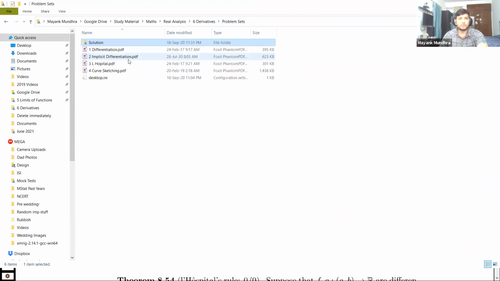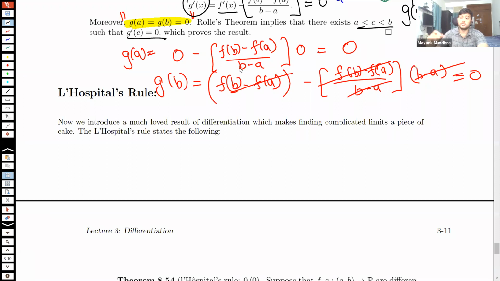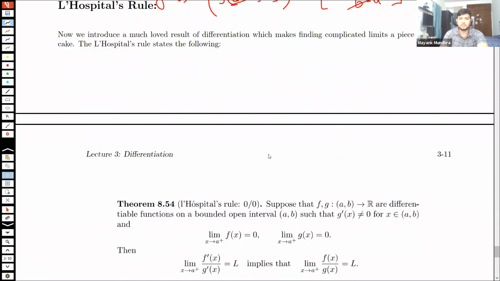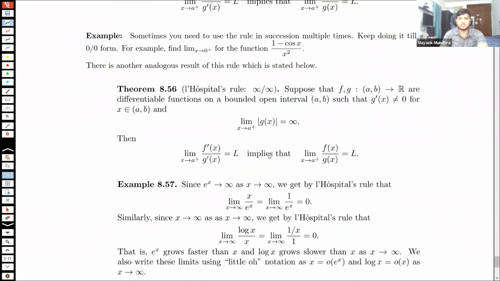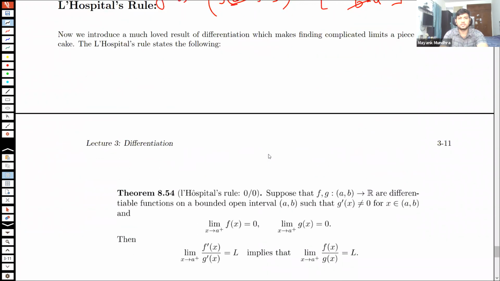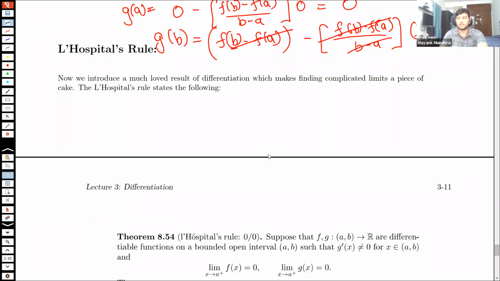You'll see a lot of problems from the mean value theorem in past years. I have not added the past years. You see past years after integration. After integration, you will see past years of differentiation as well as integration together. Basically, all the remaining real analysis past years will be there.